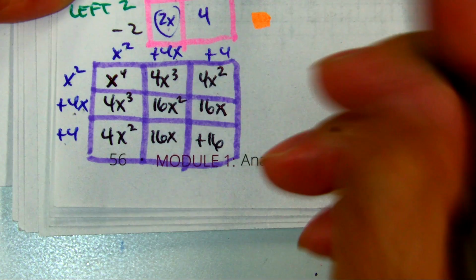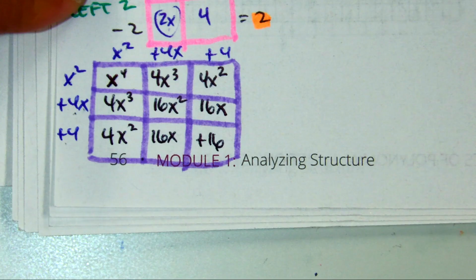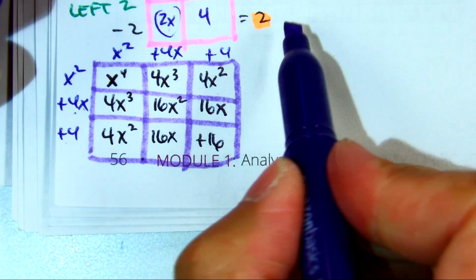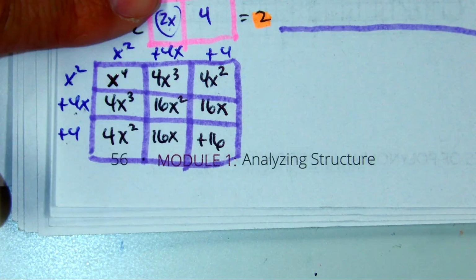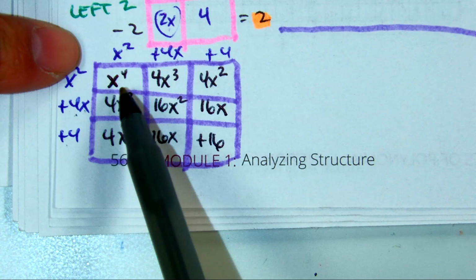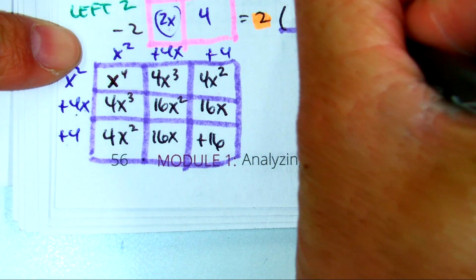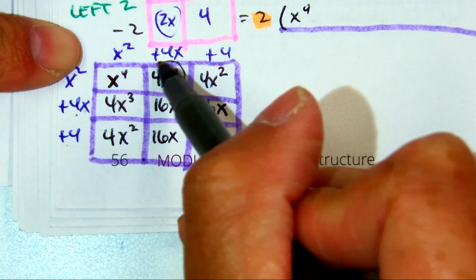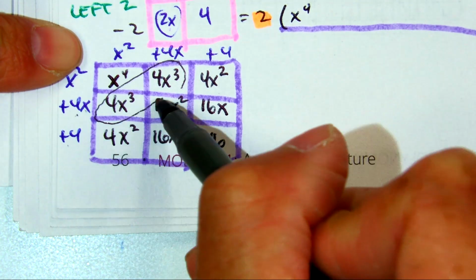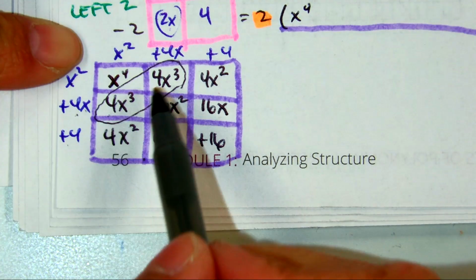So remember, I still have the 2 here. And now my answer in purple is we just have to combine like terms. Are there any other x to the 4ths? No. Take a look at this. The like terms in my box actually are all the diagonals. 4 plus 4 is 8.